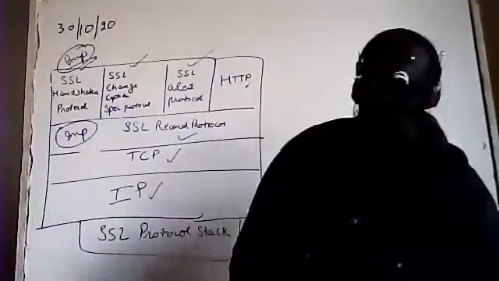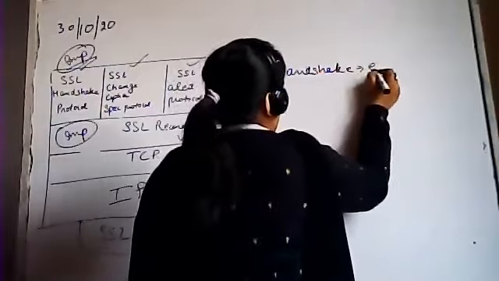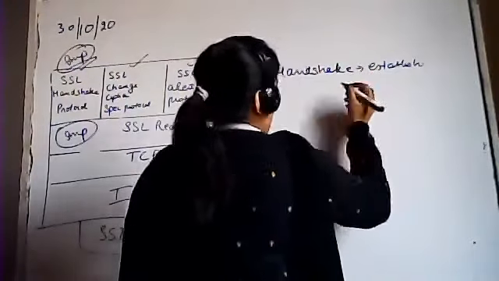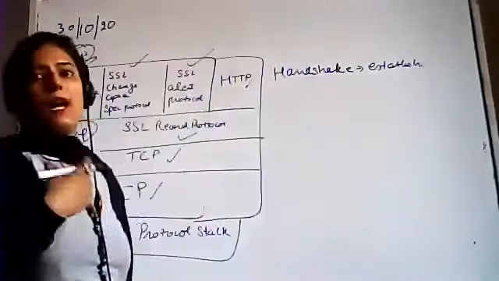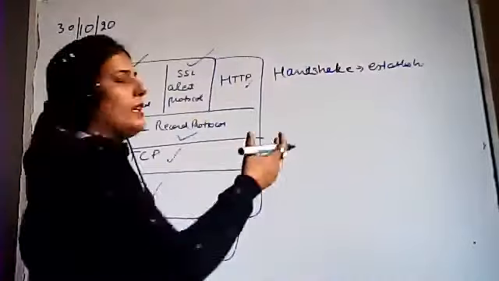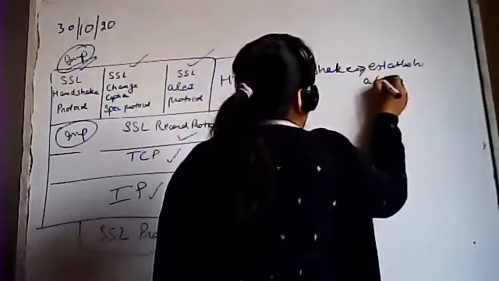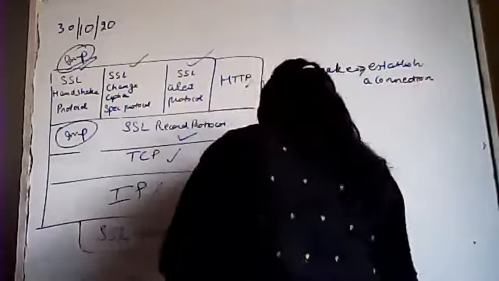Handshake, I just write it here, will establish the connection. It will establish or start the transmission. That is the working of the handshake protocol. It will establish a connection between the two entities.